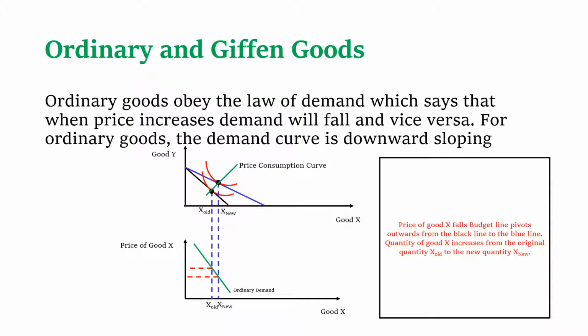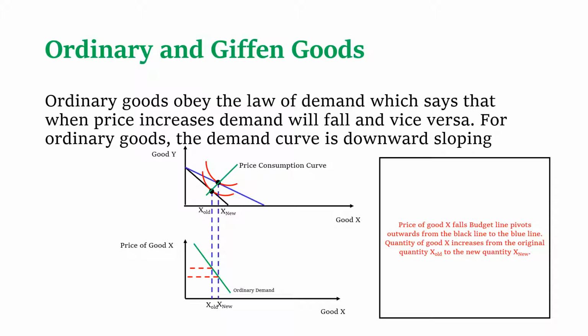So now let's look at the graph at the bottom here. Now, if we try to trace all those points to this particular graph, we see that the price of good X varies inversely with the quantity of good X. So this particular good is referred to as an ordinary good.